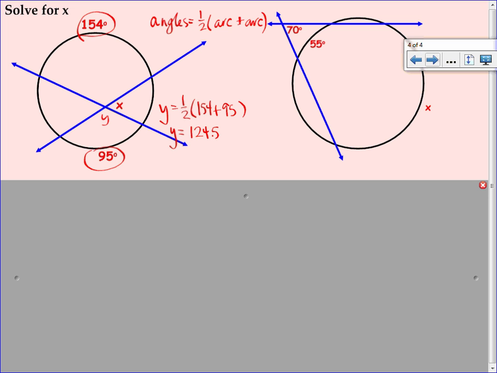So that's this angle right here. How do we find angle x? 180 minus the number we just found, and we get, is it 55.5? Okay, so that's x.